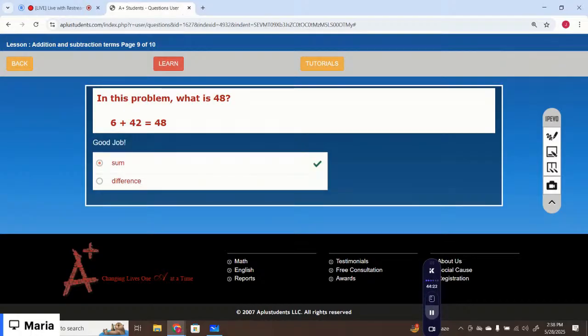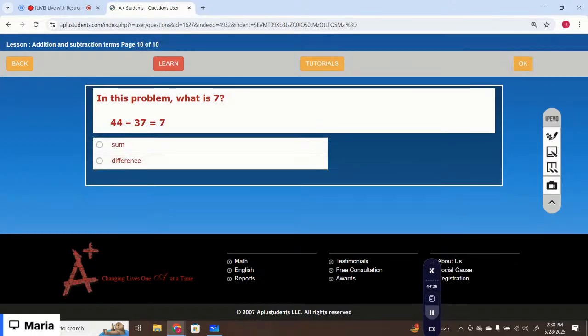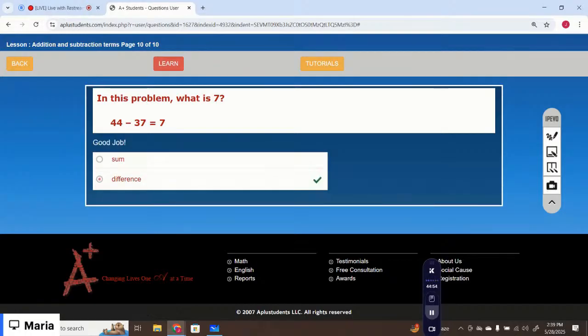Option number 1 is the correct option. In this problem, what is 7? 7 is the difference. Option number 2 is the correct option.